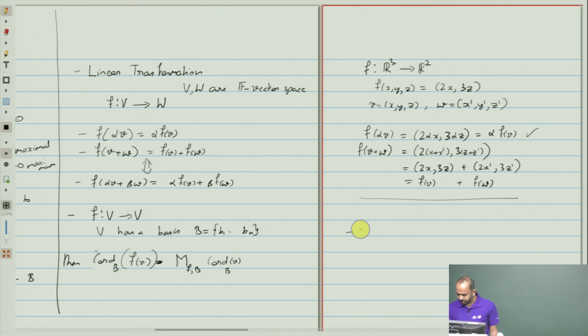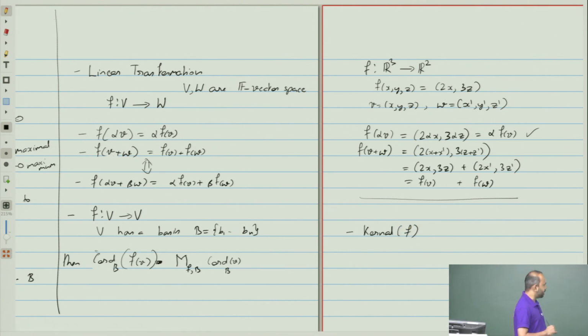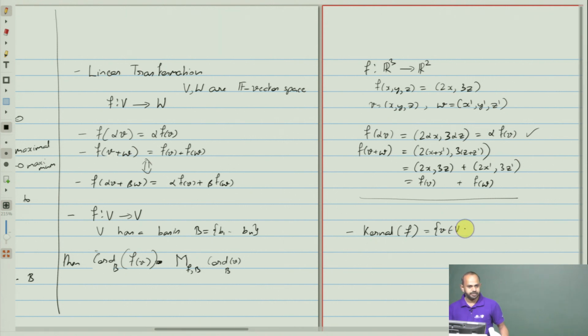There is what is called the kernel of a linear transformation. Let us say f is a linear transformation. What is the kernel of f? It is the set of v belonging to the input vector space such that f of v is equal to 0.